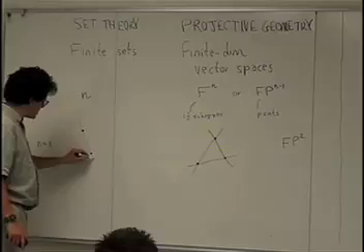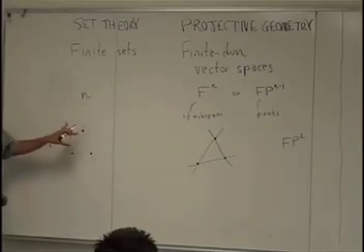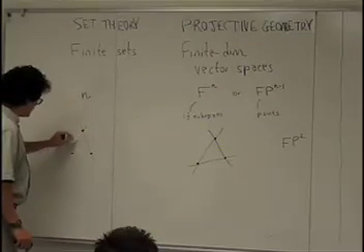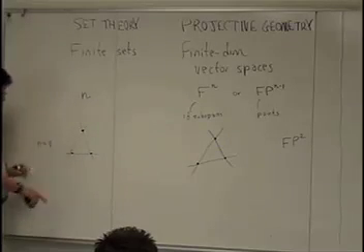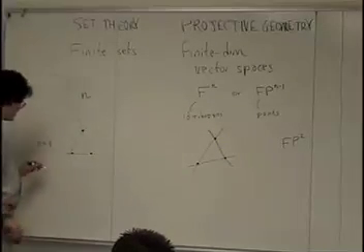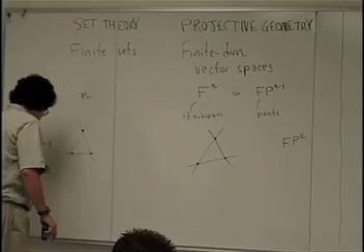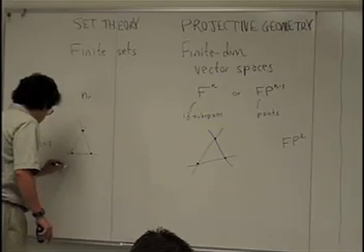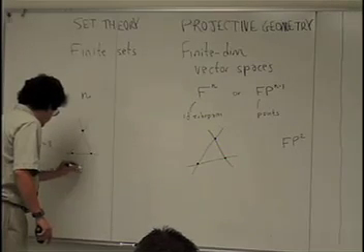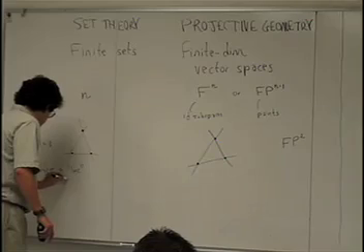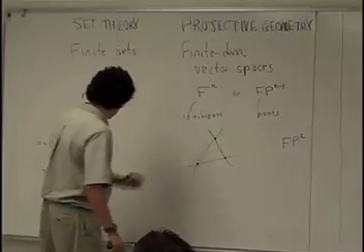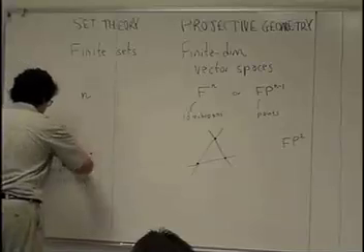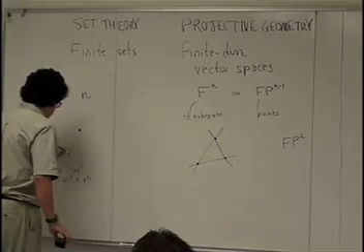So I can draw this kind of line here, but it only contains 2 points. And then we have this thing that's like a baby projective plane that contains just 3 points. So here a line is just 2 points, whereas here a line is an honest, full-fledged line.